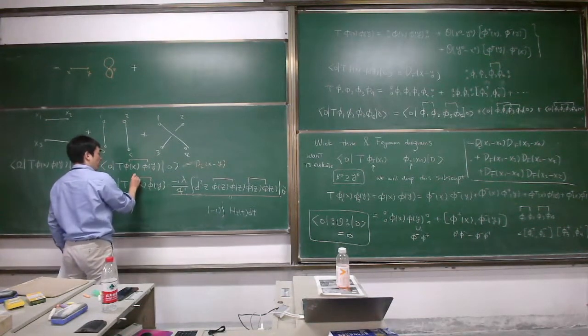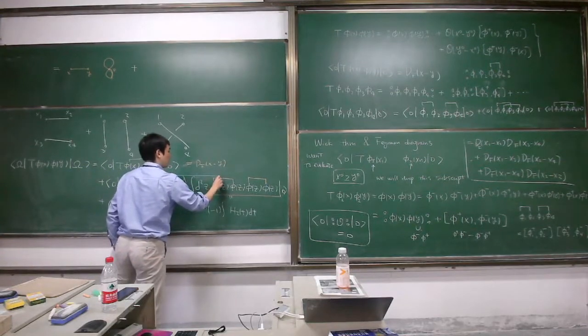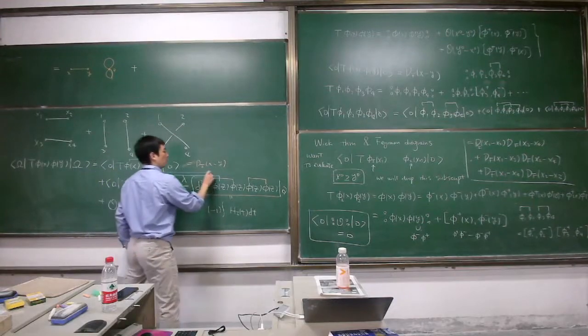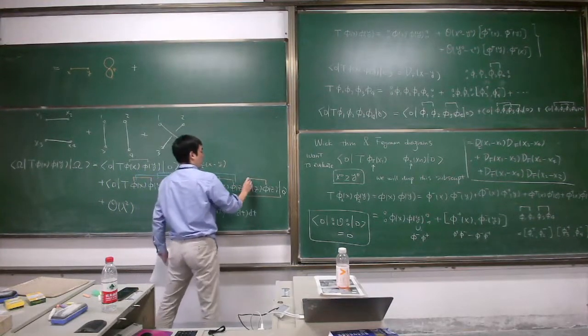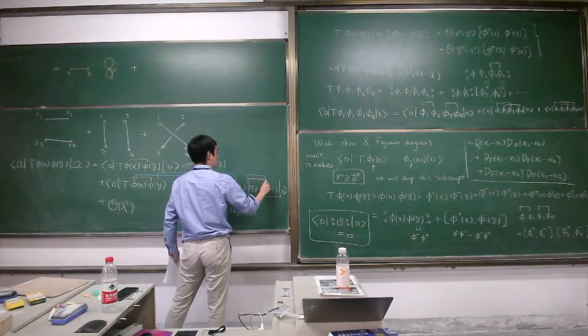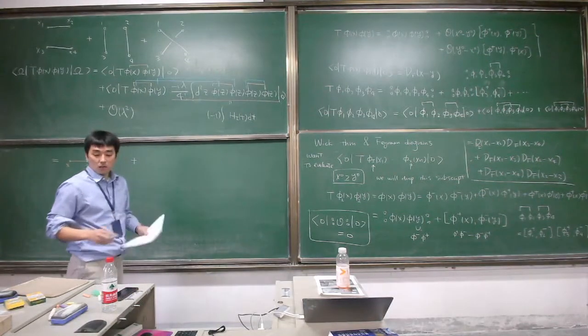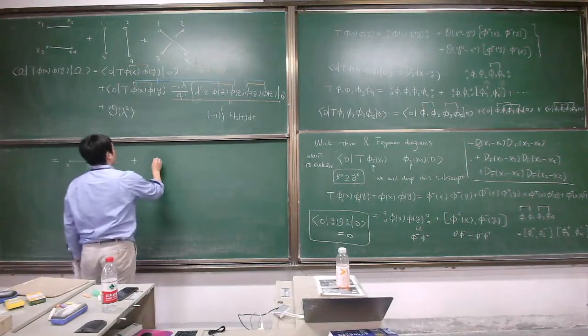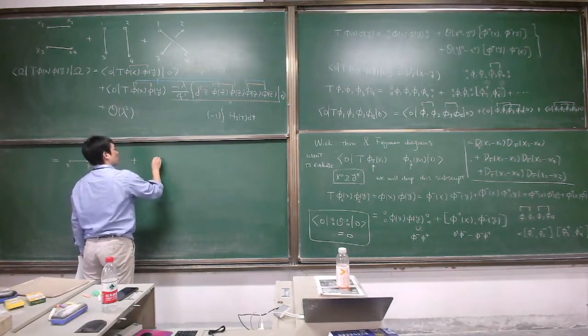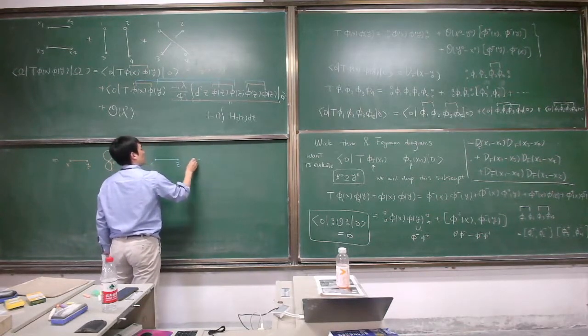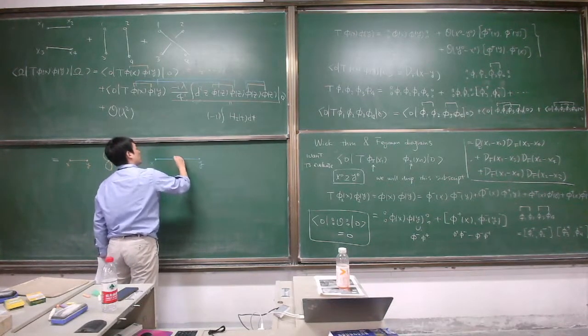So the contraction is x to z, and then y to z, and then you contract like this. So now what we have is x to z, y to z, and z to z.